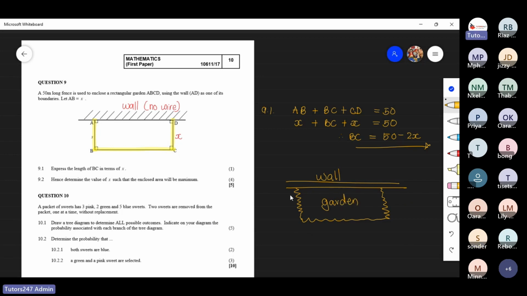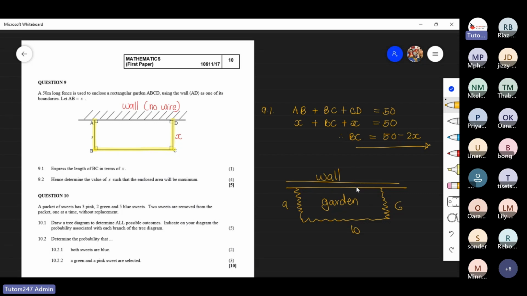Remember, you've used 50 meters of wire fencing. So AB plus BC plus CD will be equal to 50. You've not used any wire fencing on the wall, because it's a waste. Why would you put wire against the wall? Are you protecting the garden from the wall? You're not, right? So we've not used any wire fencing against the wall.